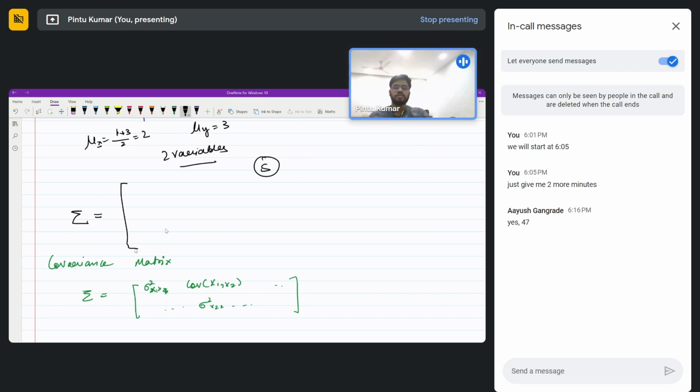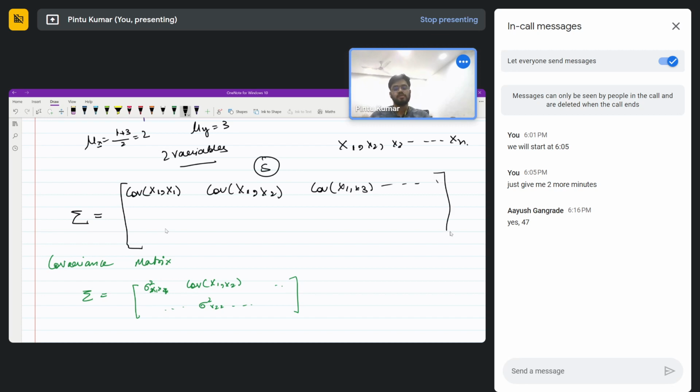So what is its first element? Let's say you have some features x1, x2, x3, and so on till xn. Then the first position is given by covariance of x1 with itself, covariance of x1 with x1. The second position is covariance of x1 with x2, and this is covariance of x1 with x3, and so on.